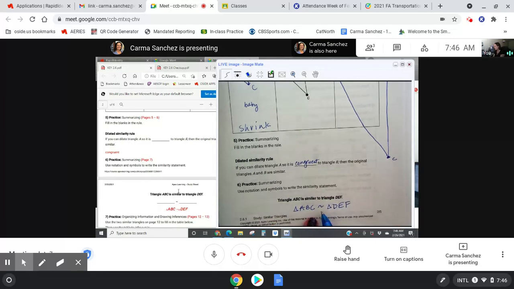So this new symbol right here is our similarity symbol. So think about the congruency symbol, how it has an equal sign with the tilde on the top. Now this is just the squiggly line without the equal sign underneath. So this means similar.